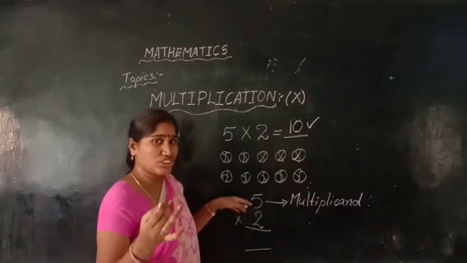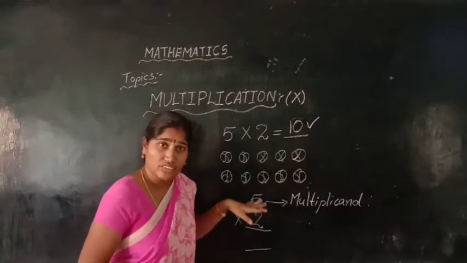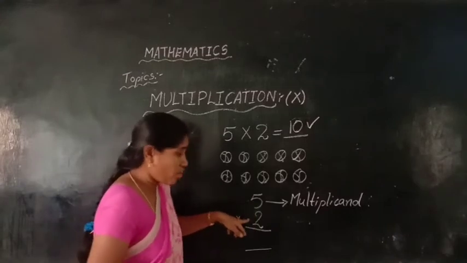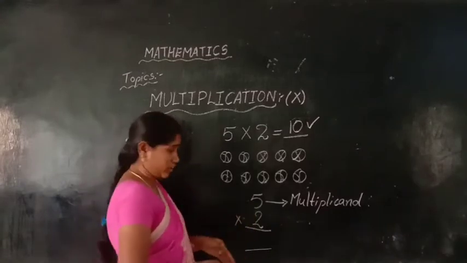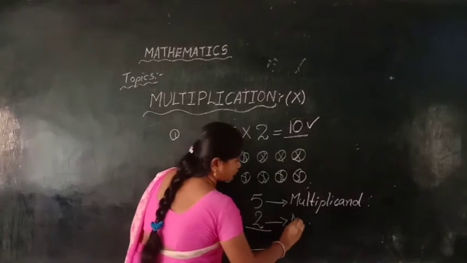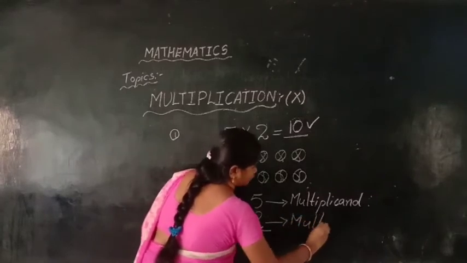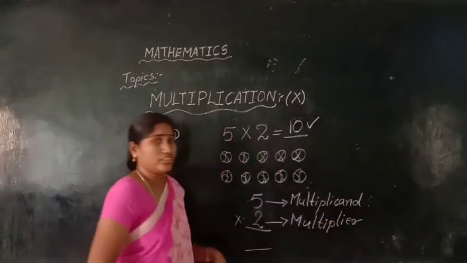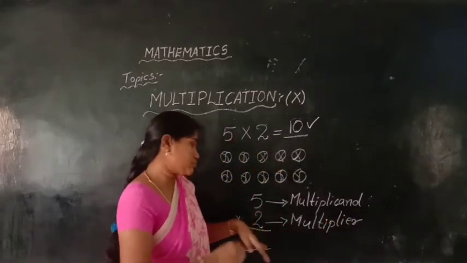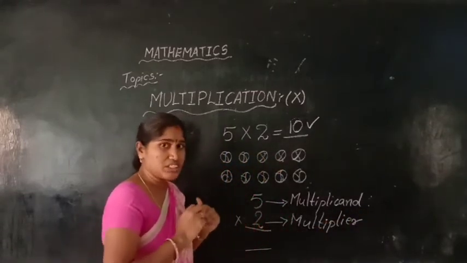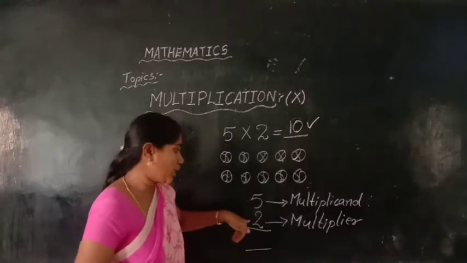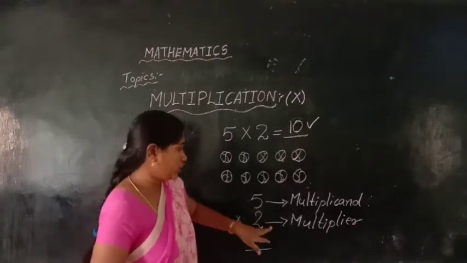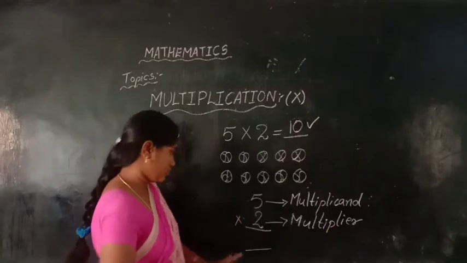Say all of you children, multiplicand. Now the down number, the second number, is called multiplier. Which number is multiplying here? The number 2. It is called multiplier.